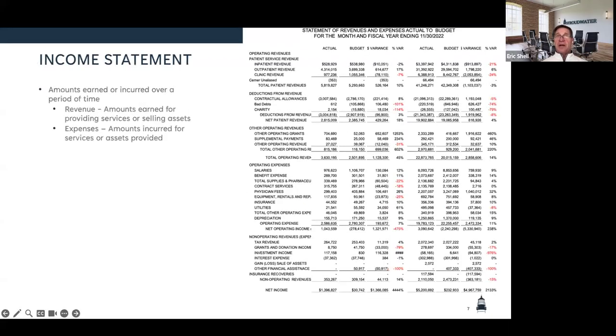We then talked about our two primary financial statements, the income statement and the balance sheet. The income statement is an accumulation over time, whether it be a week, a month, a quarter, a year. It's the accumulation of all days' revenue and expense.